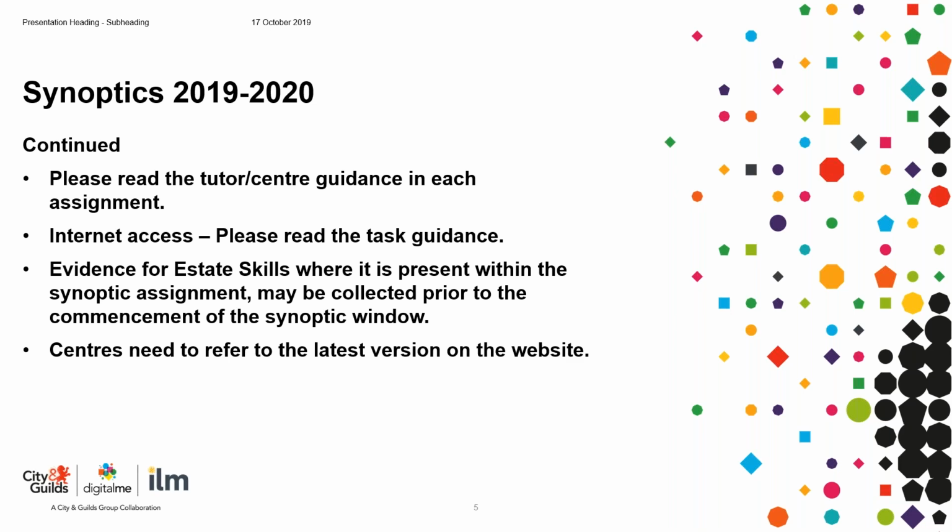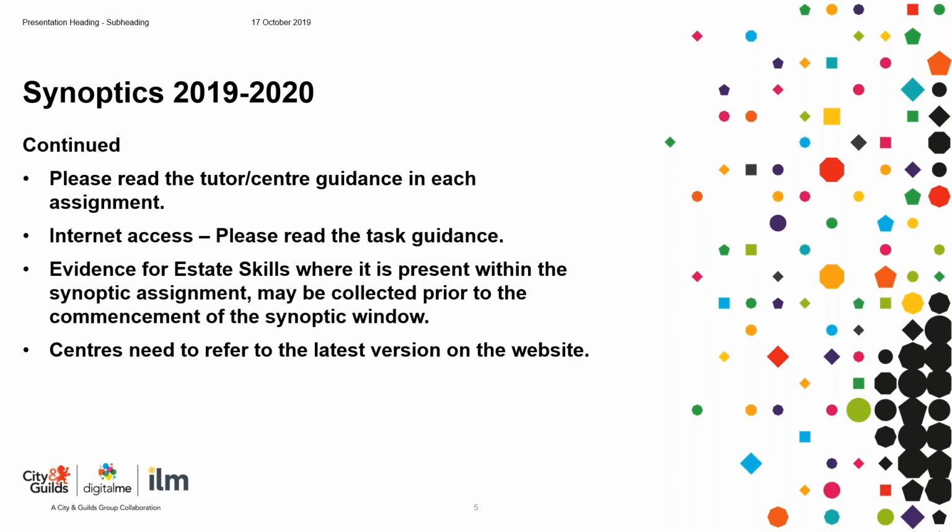Evidence for estate skills can now be collected at any point prior to the commencement of the synoptic window. This is as a result of feedback that some of the tasks were quite difficult to get formally assessed within the synoptic window, and it is one of those skills that some learners will get more quickly than others, and quite often it is taught more broadly across the curriculum.